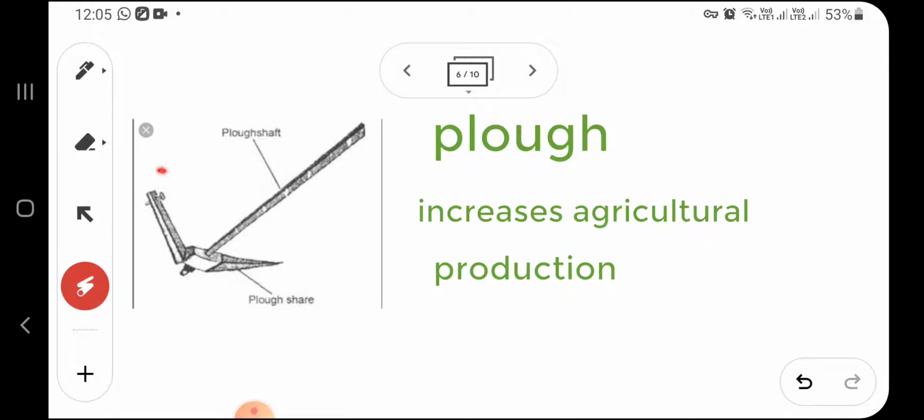By using this plowshare, what do they do? They turn the soil, the hard soil, and then spread the seeds. If the soil is very loose, then the seeds sprout well.